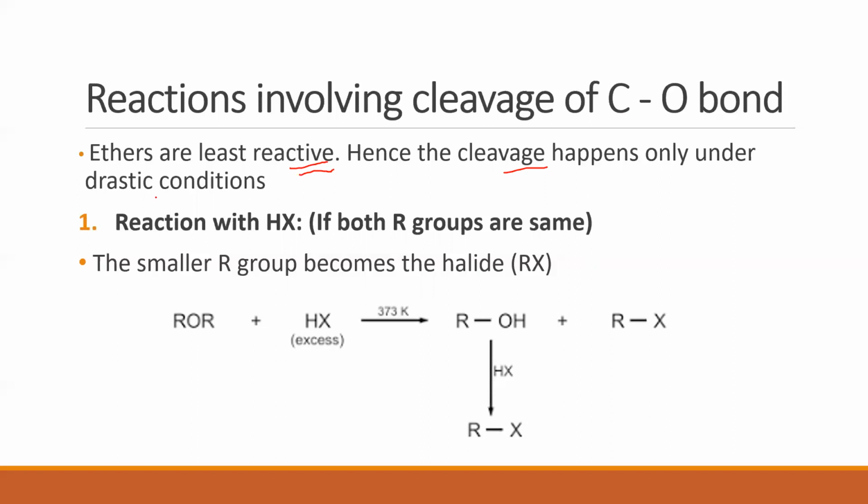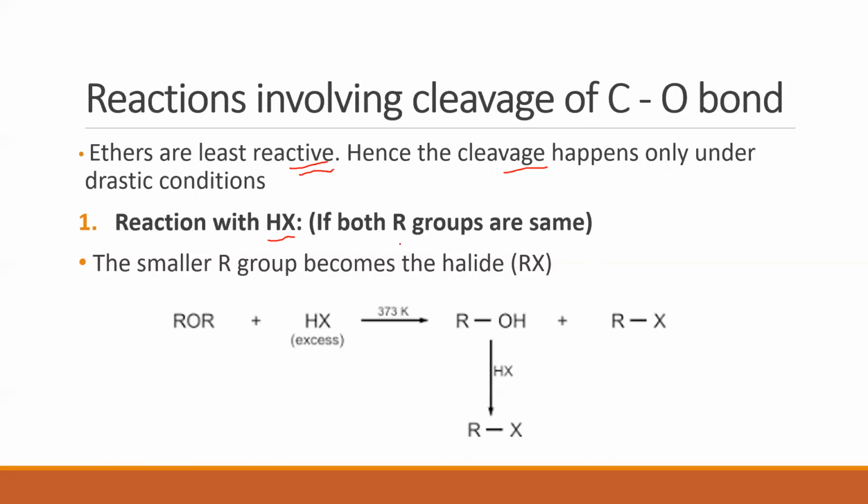So they will not react under normal conditions because they are least reactive. They'll only undergo reaction under drastic conditions. So the first reaction is reaction with HX, which is nothing but a hydrogen halide or halogen acid.